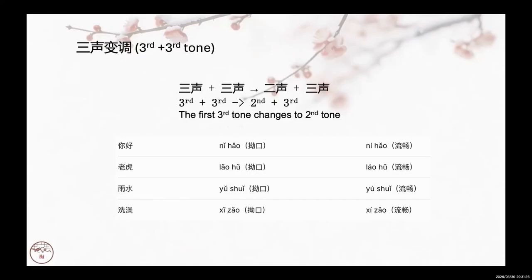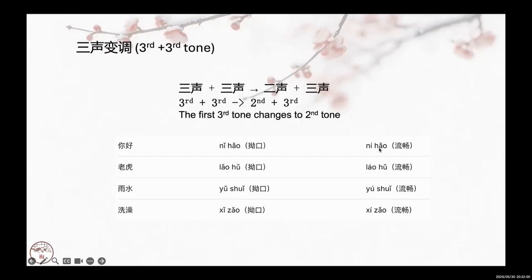So then the second exception situation is for a phrase which has two Chinese characters, and each of them is the third tone. In this case, we need to change the tone for the first character from third tone to second tone. Let's look at some examples. 你好, both are third tone, right? But the native way to speak it is 你好.